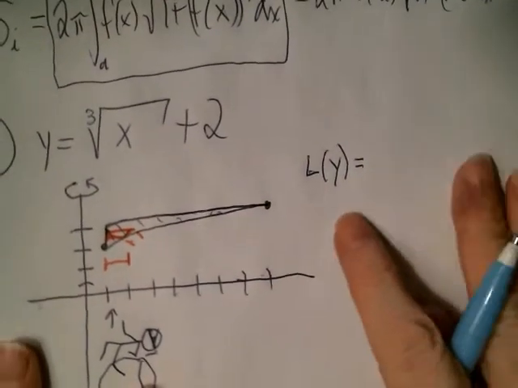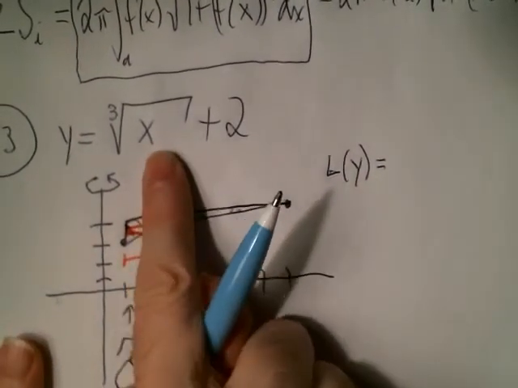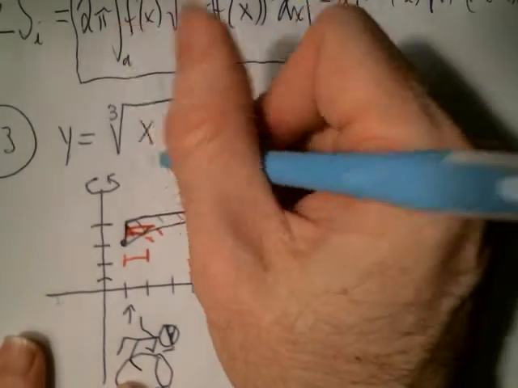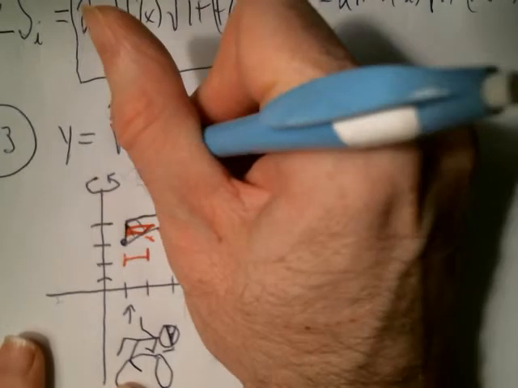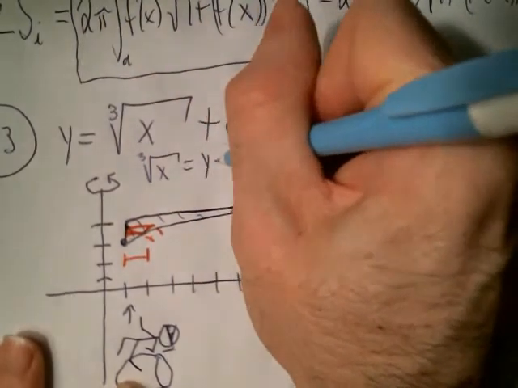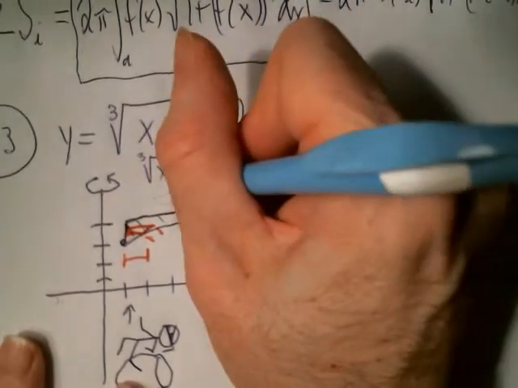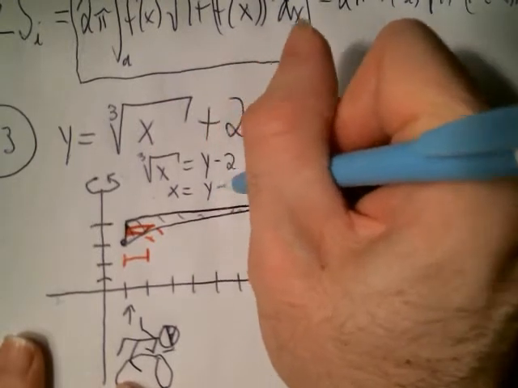In this case, I'm going to need to rewrite this in terms of x, or sorry, in terms of y. So if I solve for y, I'll have cube root of x equals y minus 2, cubed both sides, so x equals y minus 2 cubed.